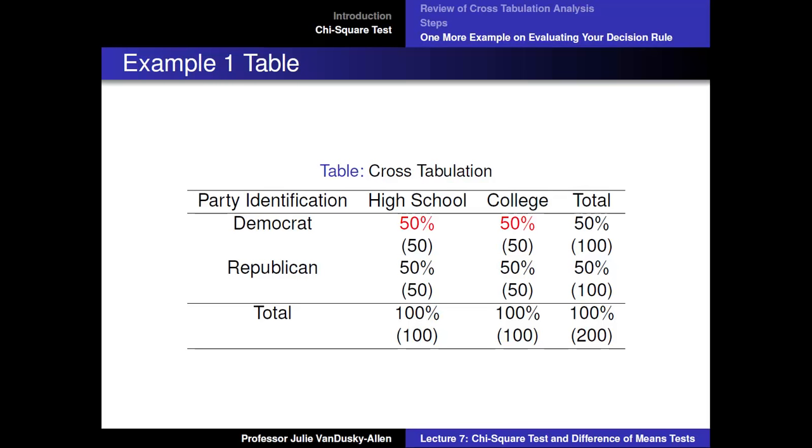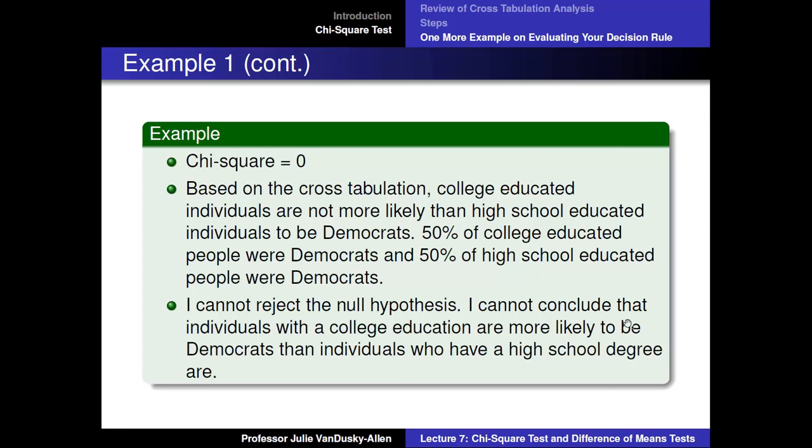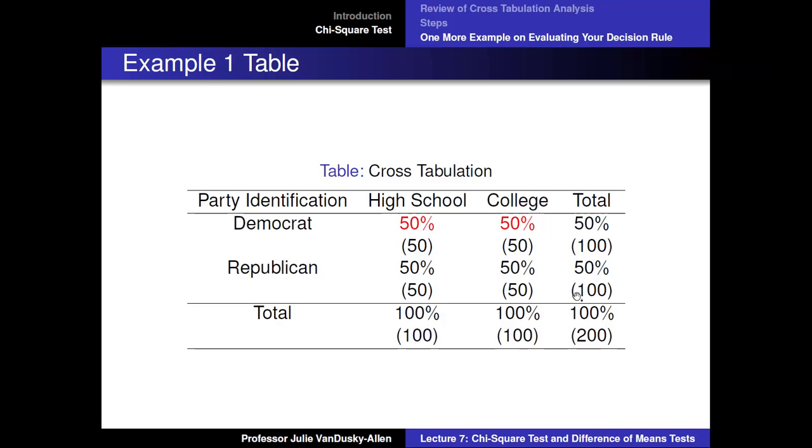Here is the cross-tabulation for this data. The chi-square for this data is 0. Now I can evaluate my decision rule and make a conclusion. Based on the cross-tabulation table, college-educated individuals are not more likely than high school-educated individuals to be Democrats. 50% of college-educated people were Democrats and 50% of high school-educated people were Democrats.